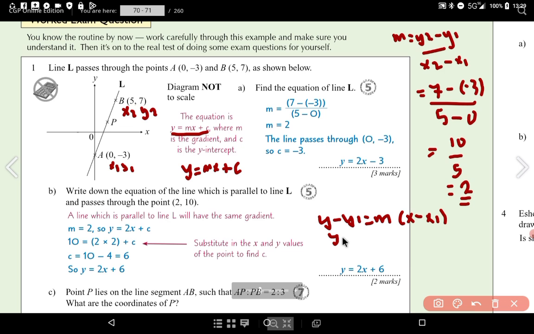So that would be y minus y1, which is -3, it's a negative and there's a negative, so we can just say plus 3. The gradient is 2, x1 is 0.